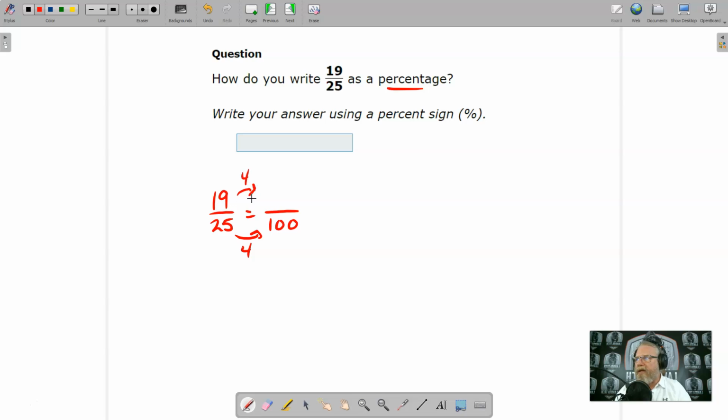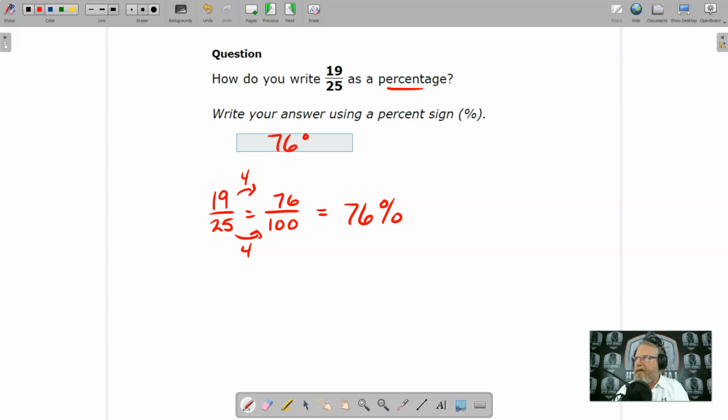Now 19 times 20 is 380, so let's back off 4. That should be 76. All right, I will double check that. 19 by 4. Indeed it is 76. Had to double check my mental math there. So 76 parts of 100.